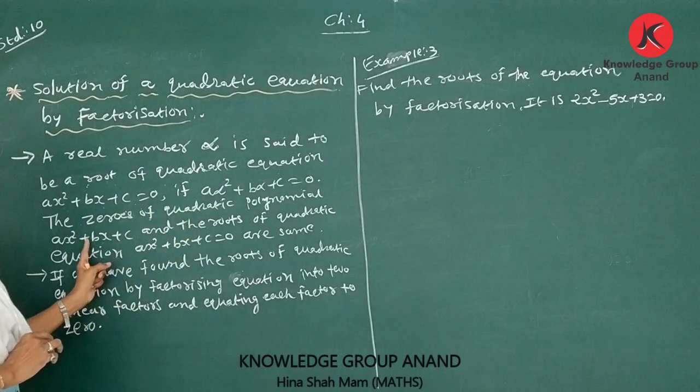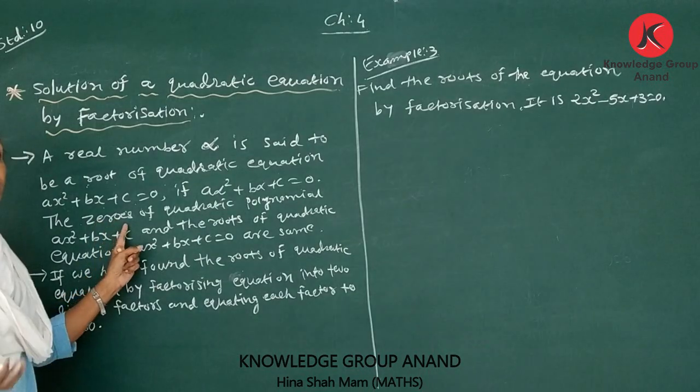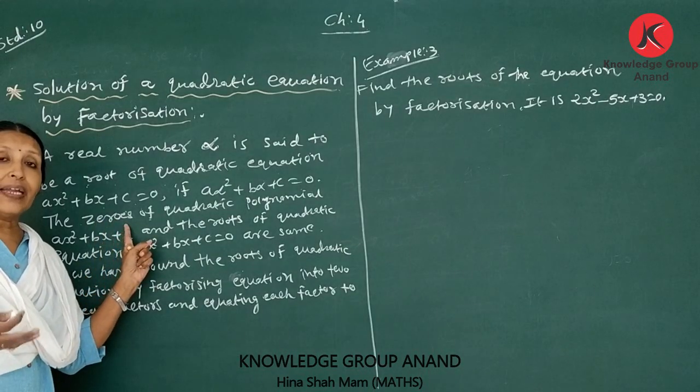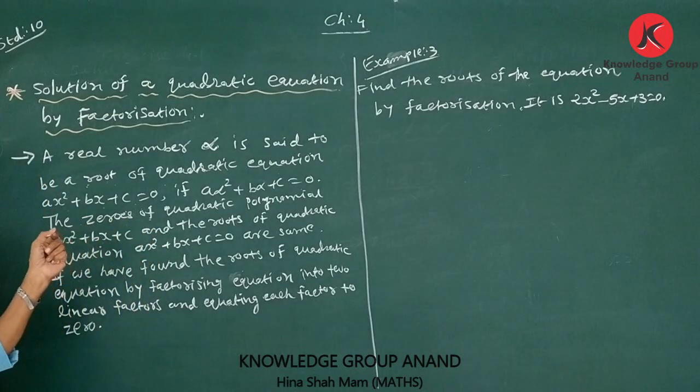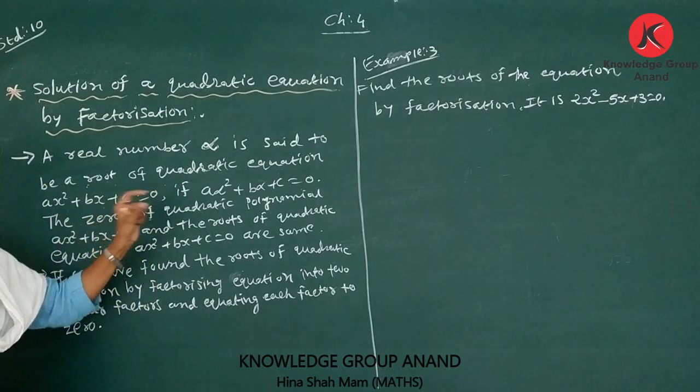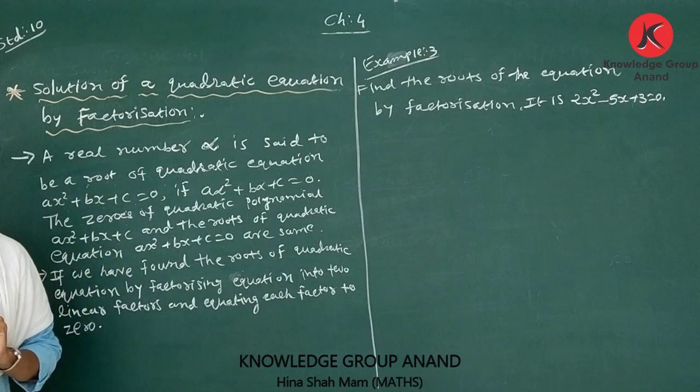We know from the second chapter how to find the zeros of a quadratic polynomial. A quadratic polynomial has at most two zeros.